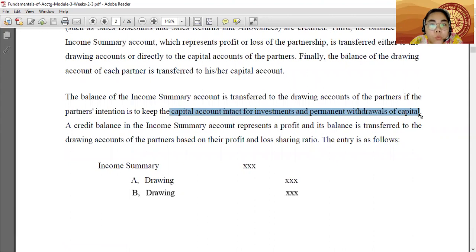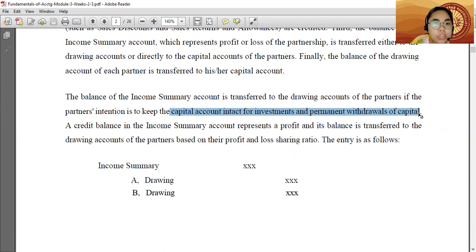So they don't want to change their capital accounts, and they want to keep it only for the investments and permanent withdrawals of capital. So the increase or decrease in the income of each partner is charged against the drawings if that is the case.